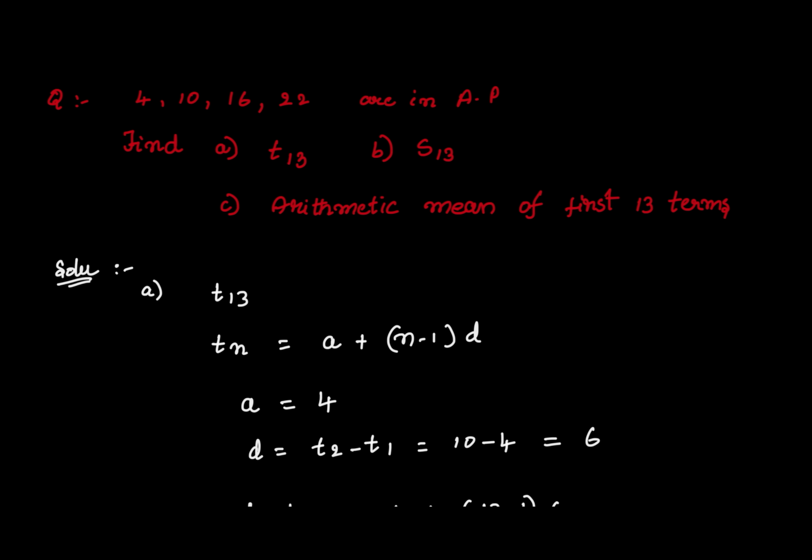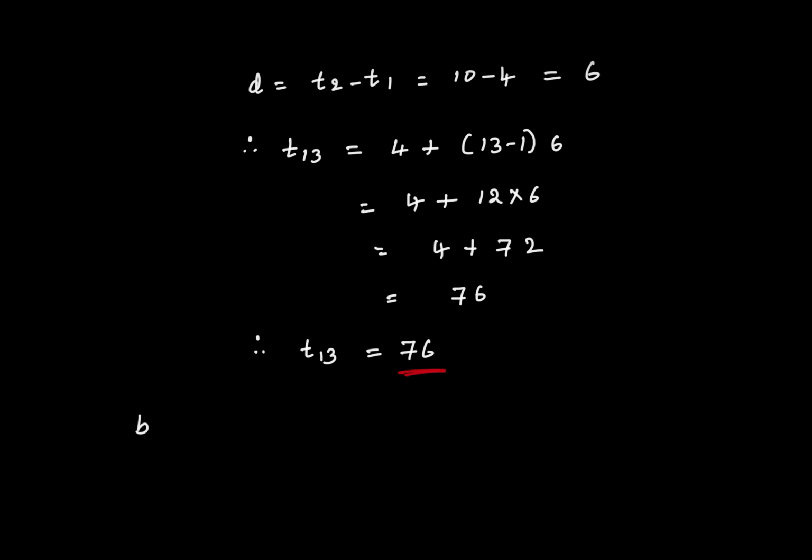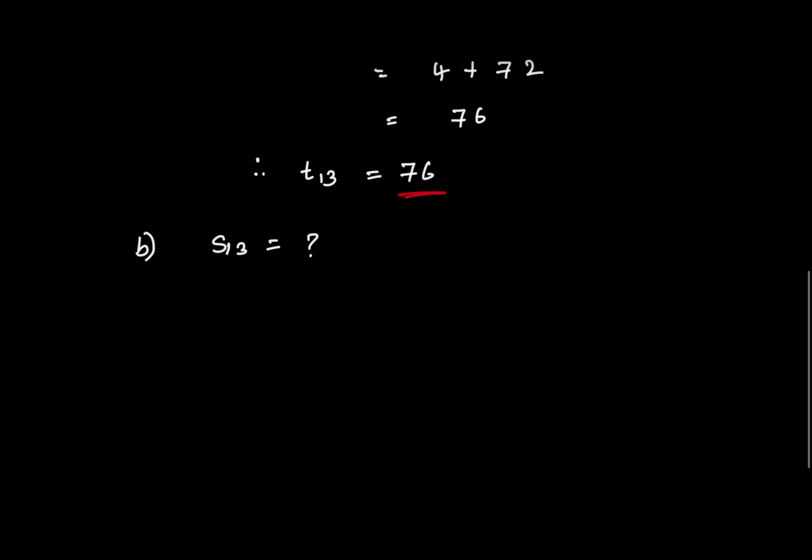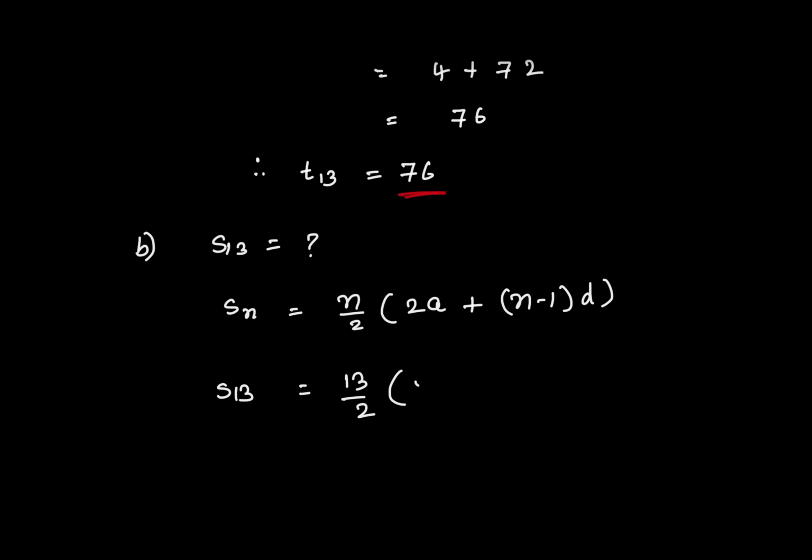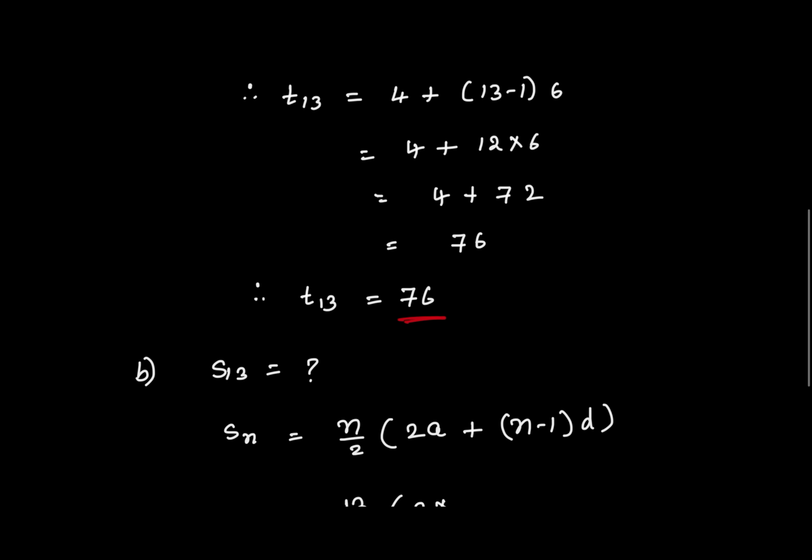B. S13 equals how much? We know Sn equals n by 2 into 2a plus n minus 1 into d. So S13 equals 13 by 2 into 2 into, what is a?